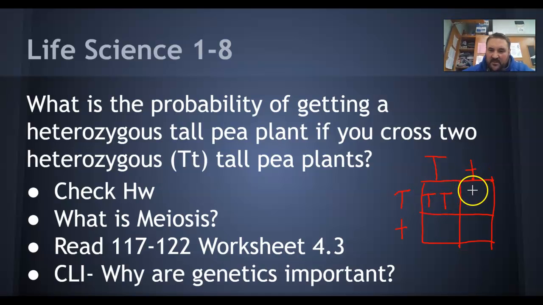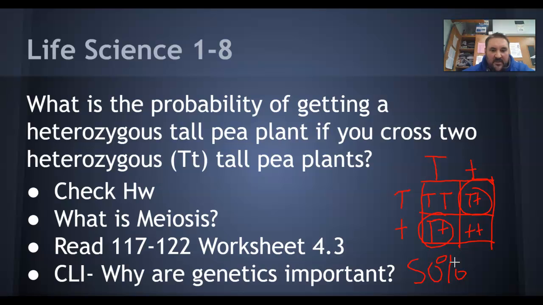Capital T, little t, capital T, little t. So it says heterozygous, which means it's this one, and that is a 50% probability.